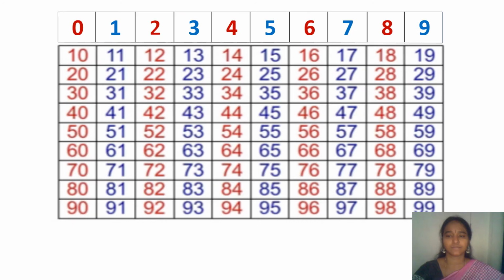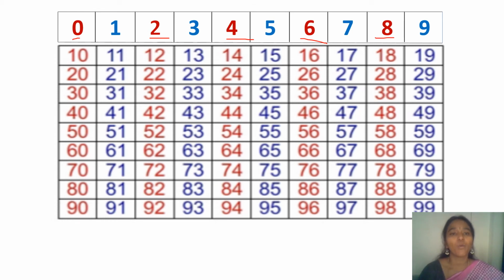Okay, now see the table. Under this, the numbers which are written in red are even and the numbers which are written in blue are odd numbers. As I told you, 0, 2, 4, 6 and 8, the numbers ending with these are called even numbers.